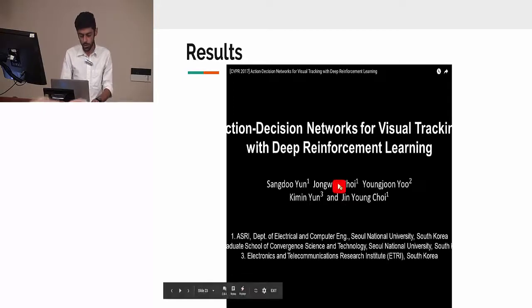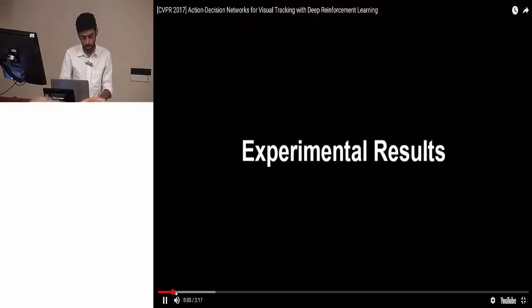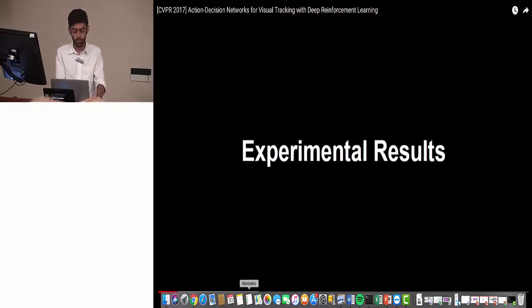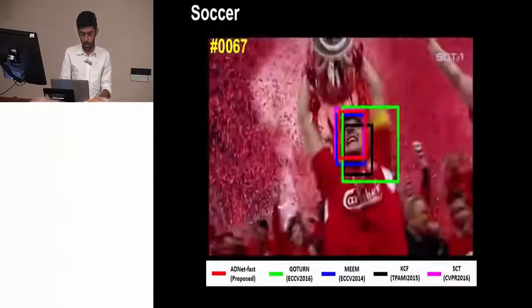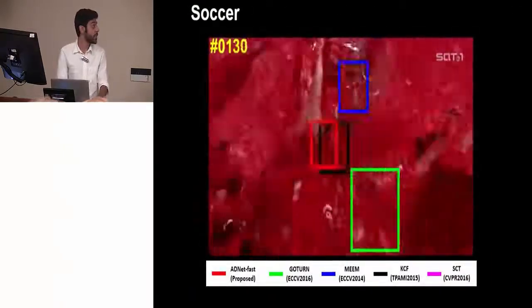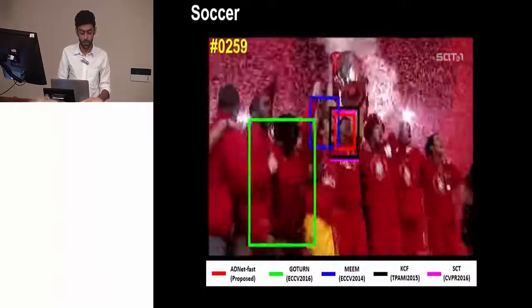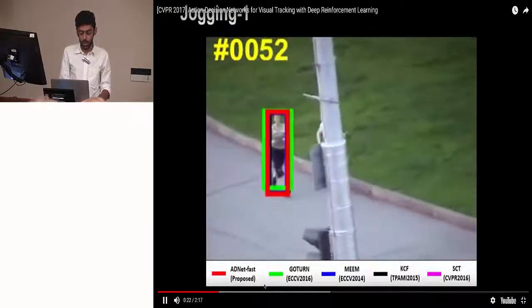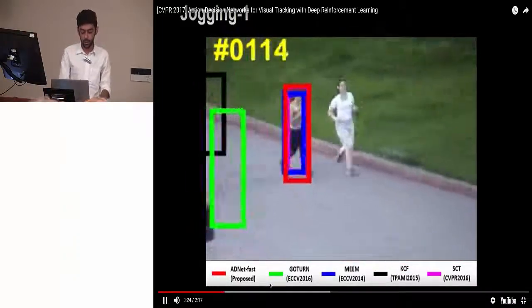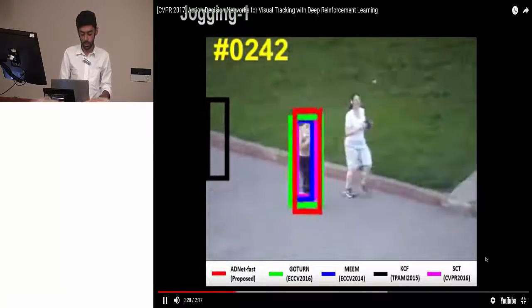So this is a video of their results. They show how the algorithm behaves. There are two versions of this algorithm, ADNet and ADNet Fast. ADNet Fast is the real-time version, and it is shown in red. The green, blue, black, and pink are the other state-of-the-art algorithms.